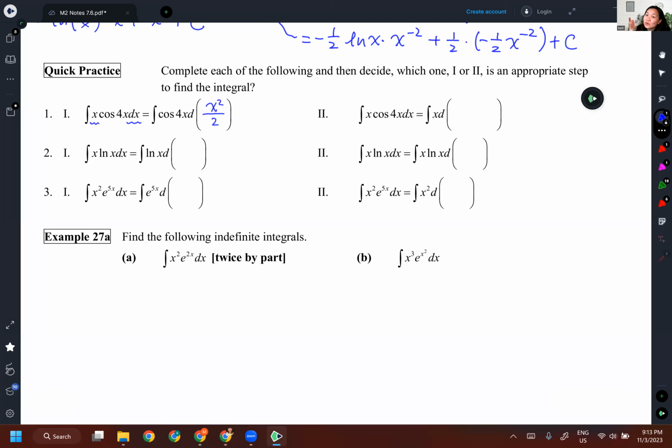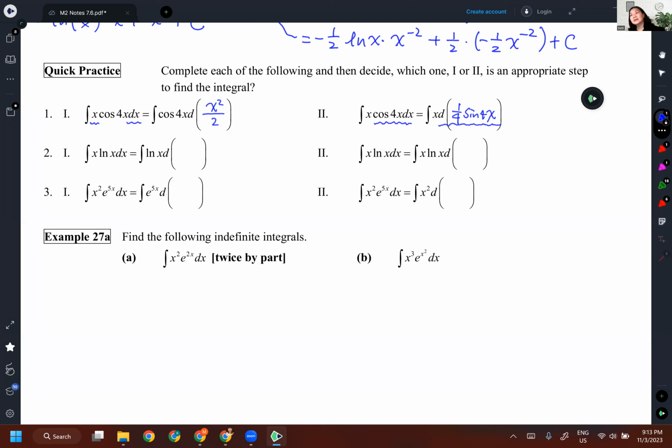Now you must imagine whether or not this one will work out. Later on, I will ask you, okay? For the second choice, obviously I will leave x outside, and I will replace cosine 4x dx with d 1/4 sine 4x.